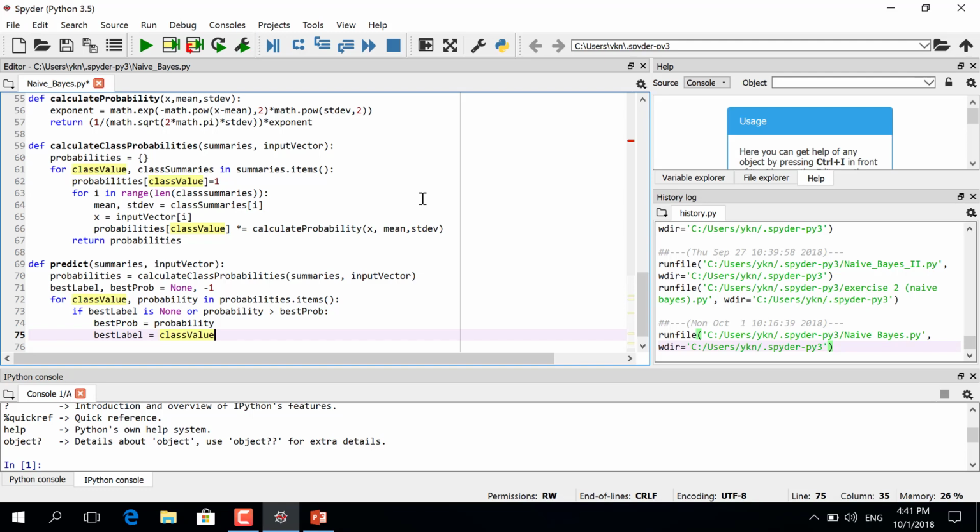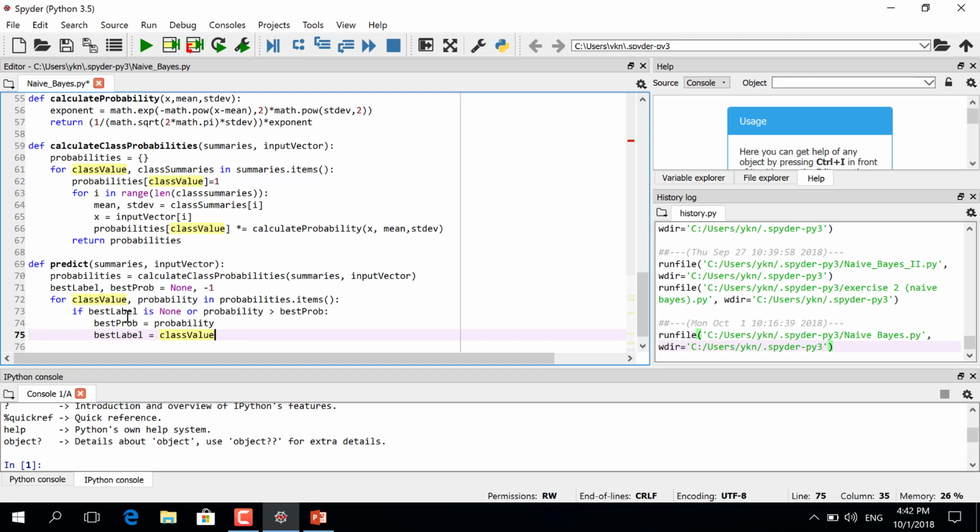Then we start the class probability calculation: for class value, probability in probabilities items, after calculating by using this joint probability function.